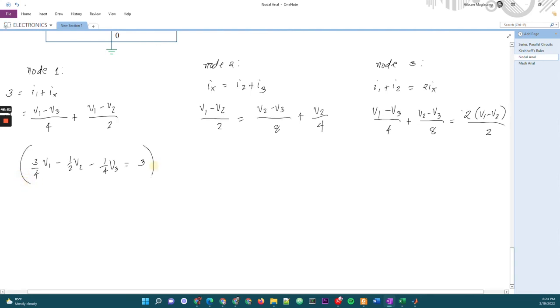Multiply nato og 4 para mawagtang ang fraction. We have 3V1 minus 2V2 minus V3 equals 12.